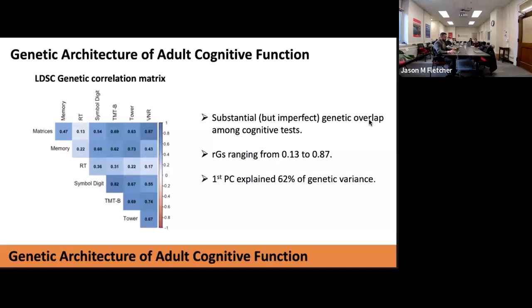The first principal component derived from the eigendecomposition of this genetic correlation matrix explained 62% of the genetic variance among the cognitive tests, which suggests the presence of a general dimension of genetic sharing among these cognitive traits.